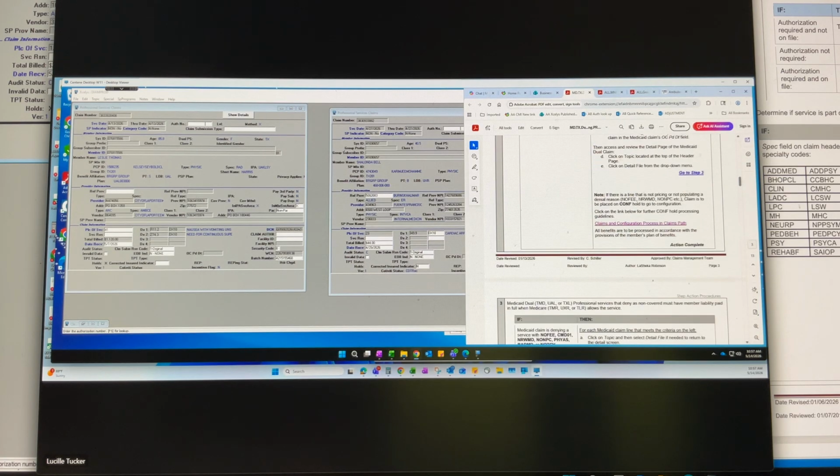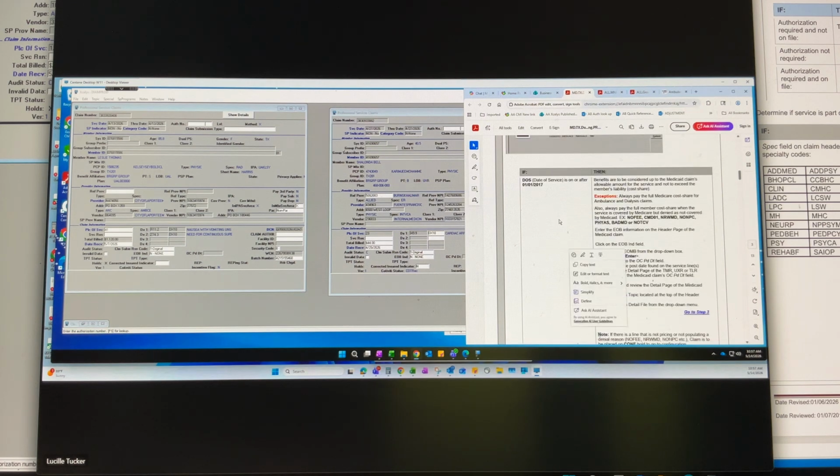I'm going to go to step 3. This is just telling us we're always going to pay the full cost share when services are covered by Medicare but denied as non-covered by Medicaid.